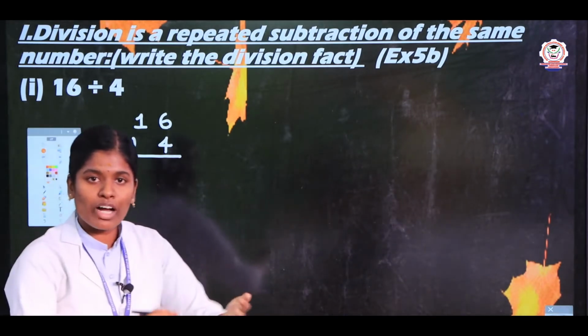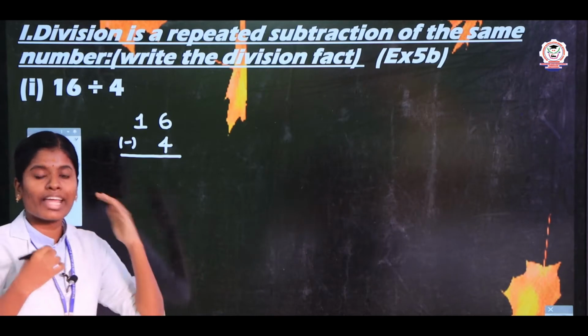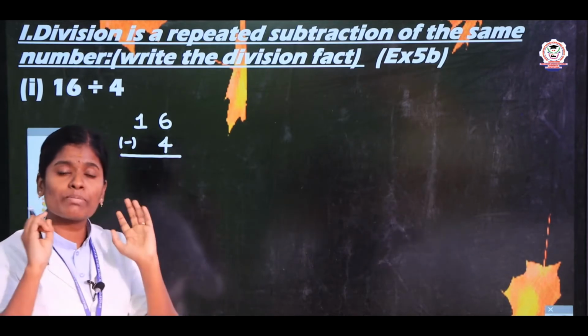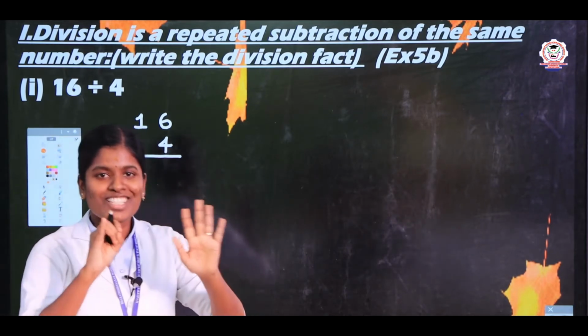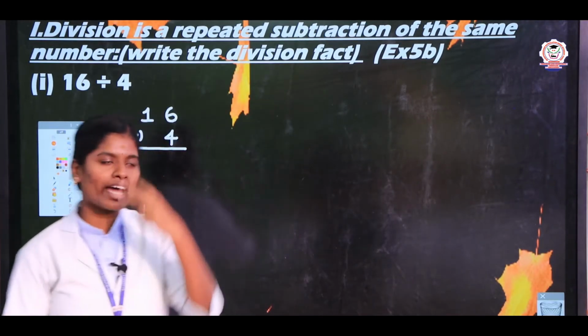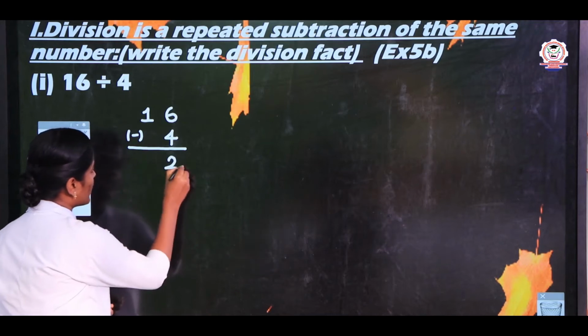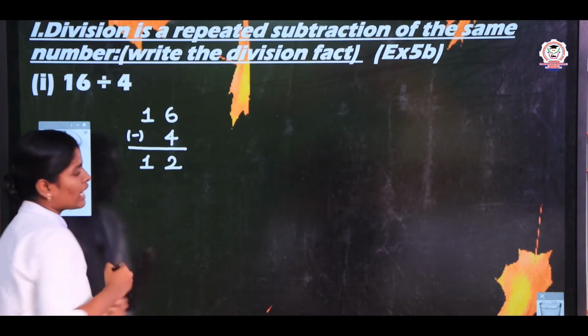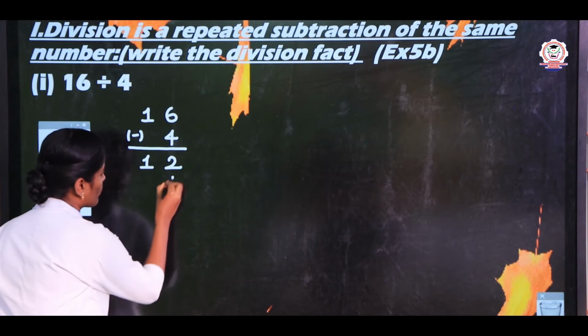Here the ones place values are 6 and 4 and the tens place value is 1. Now 6 minus 4 is possible? Yes. How many times? Very good. 2. So the answer is 2, then 1. Again you should subtract 4.